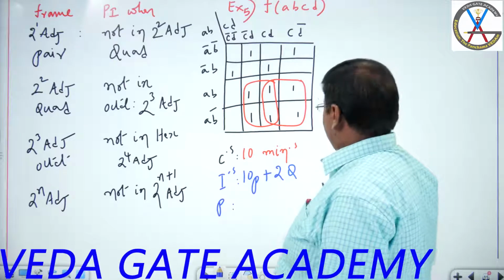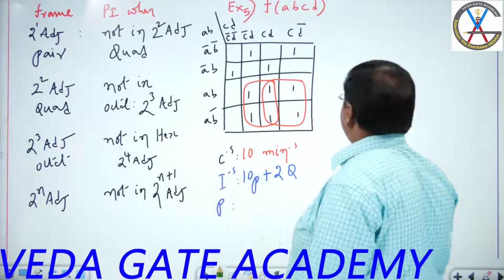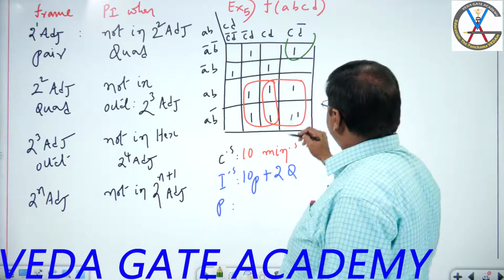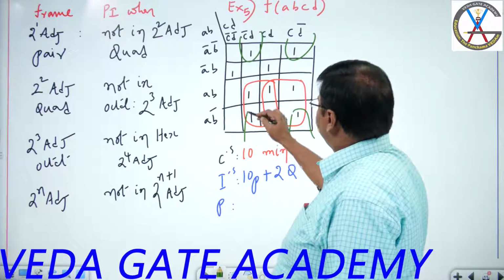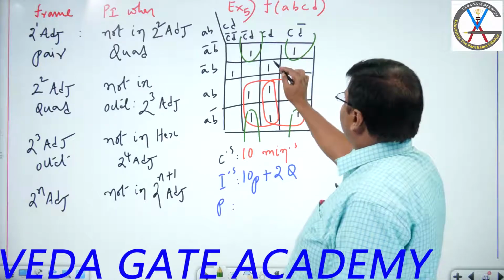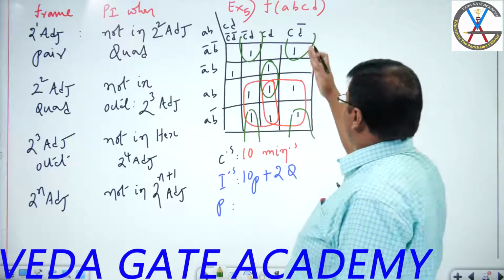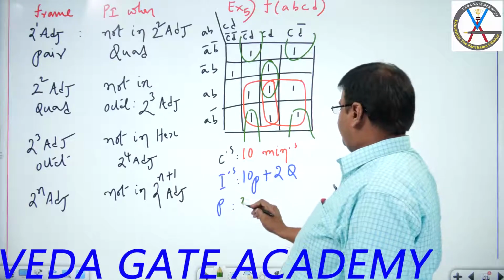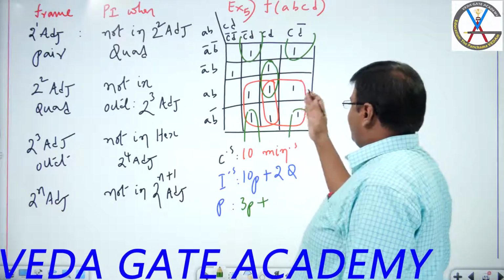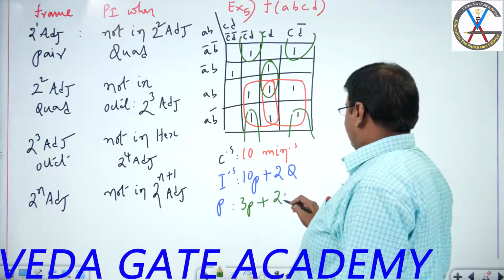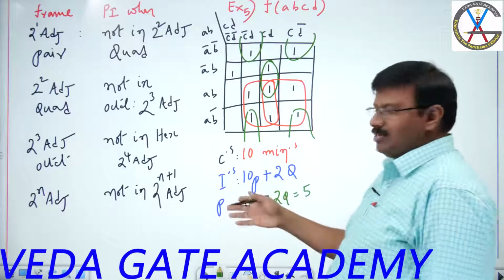So let me take this one, and also this one, and also this one. 3 pairs, not in 4, not in 4, not in 4. Plus how many quads? 2 quads are anyhow not in 8. Totally 5. So prime implicants are 5.